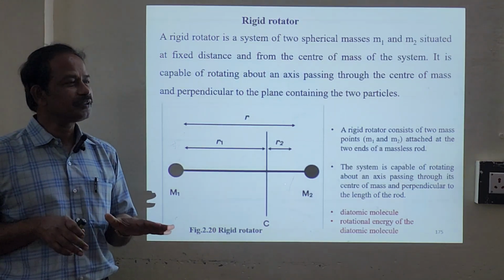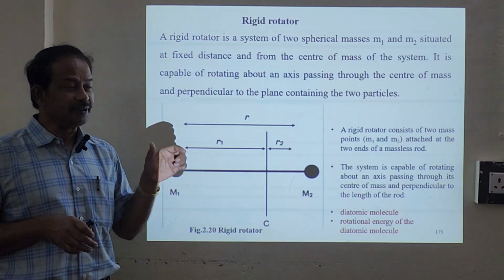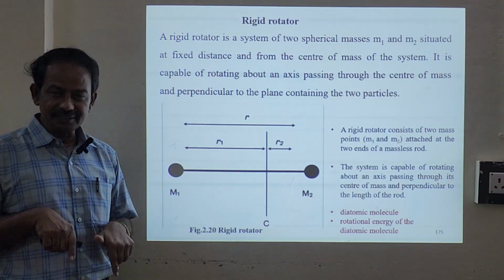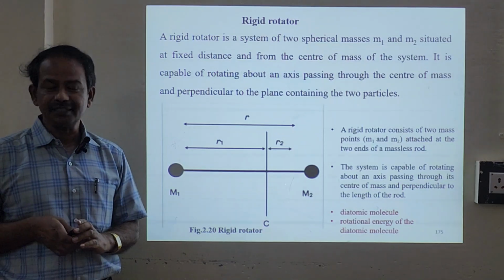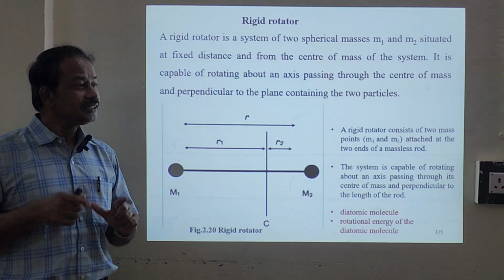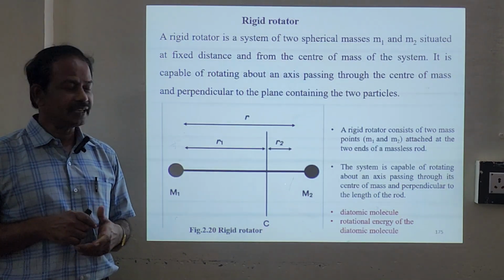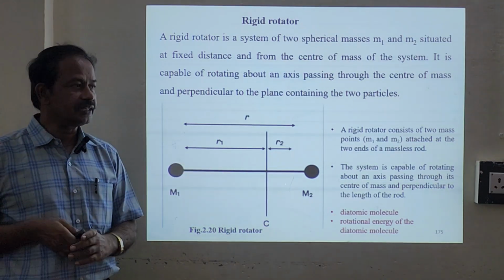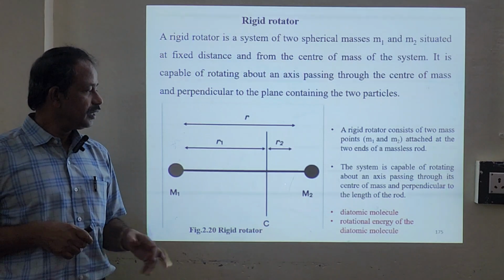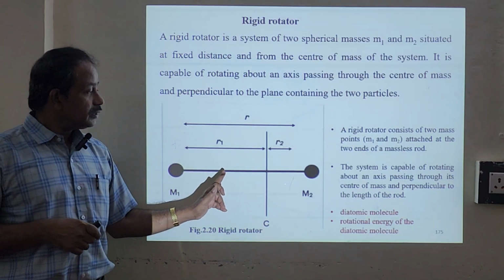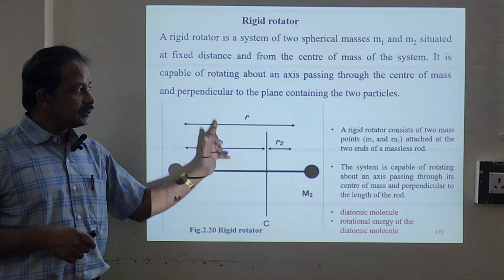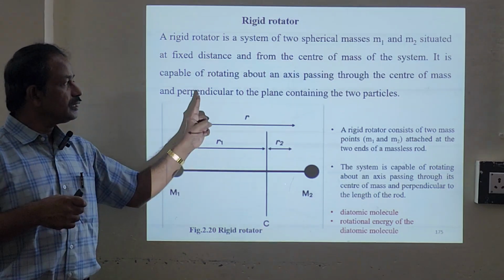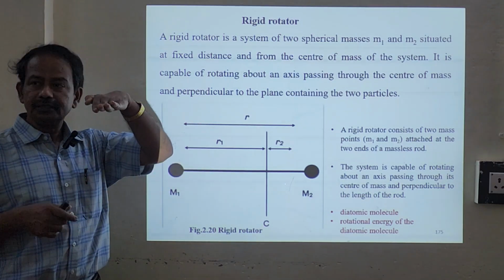Is it clear? In the earlier cases, we varied all three coordinates, r, theta, phi. But in the case of the rigid rotator, we are going to vary only theta and phi. Two masses are attached with a thread-like bond, and there is a center of mass about which the perpendicular line passes.